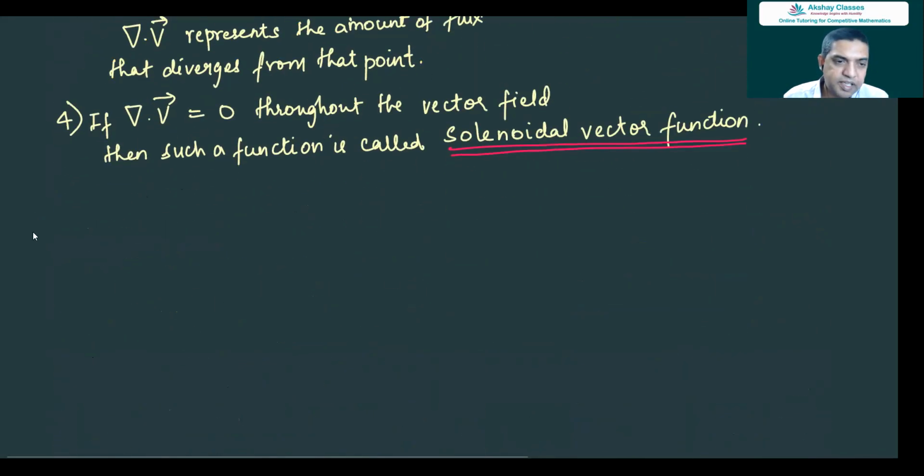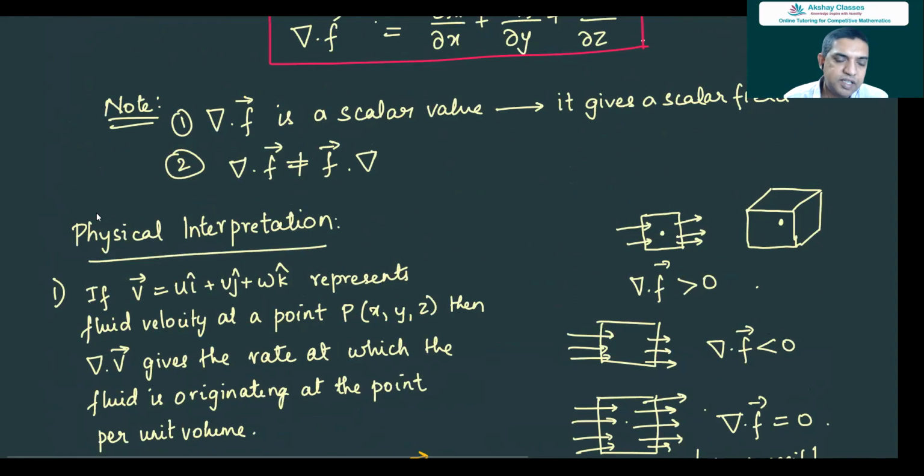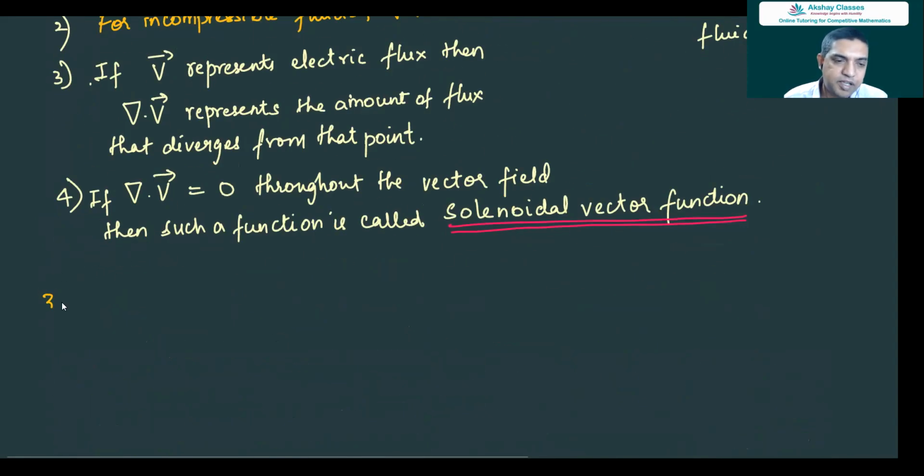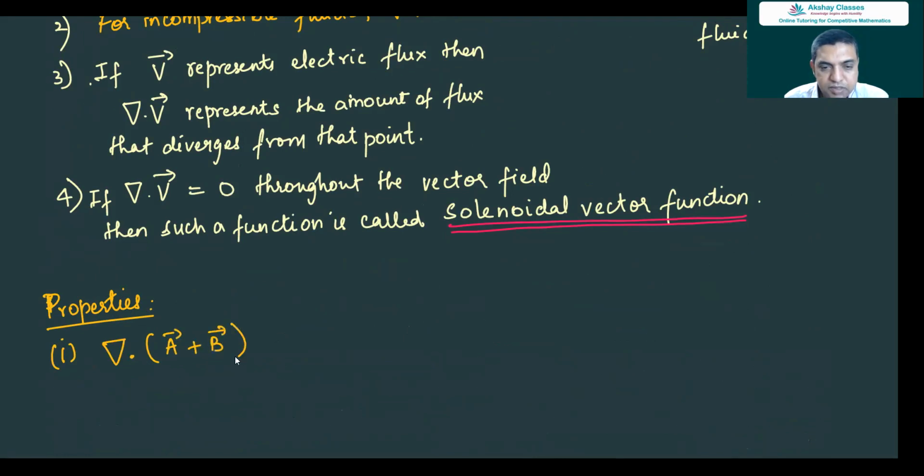Now, next the properties. This was the physical interpretation, and next the properties of this divergence. Now, divergence or del dot of two functions a bar plus b bar is del dot a bar plus del dot b bar.